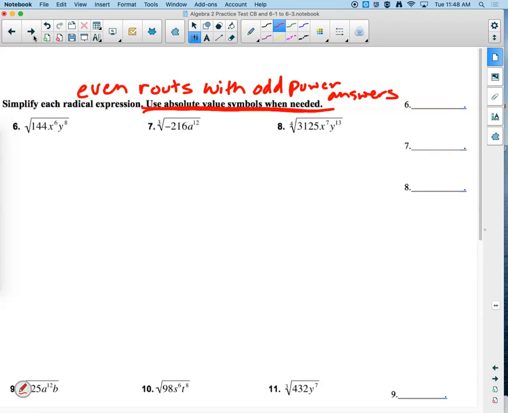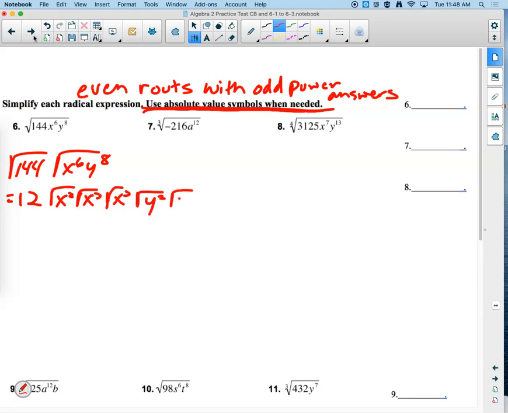Okay. Well, in number 6, we have to remember that numbers behave differently than variables. So we separate those out. Do we know the square root of 144? 12. And then we'd separate these into our little square roots of x squared, and square roots of y squared. And we know that this would be x, x, and x, y, y, y, and y.